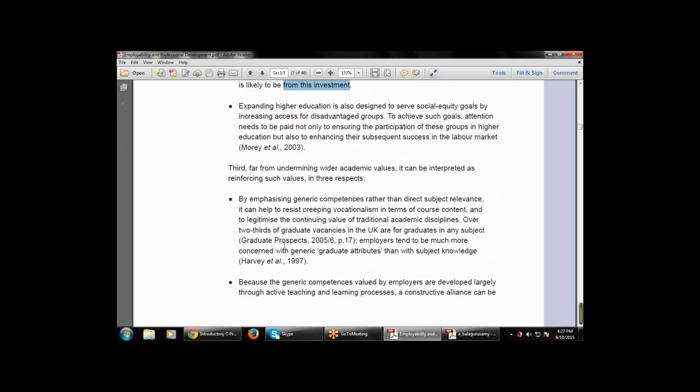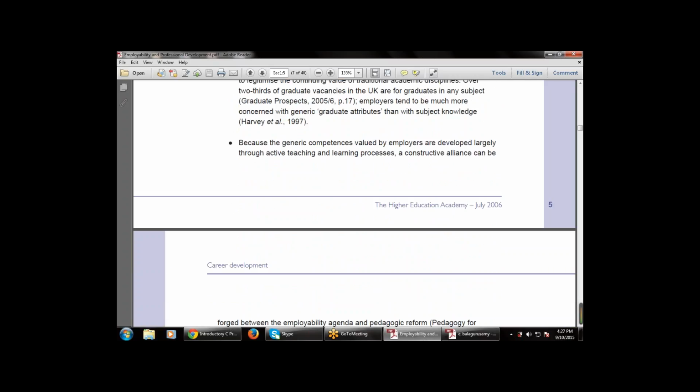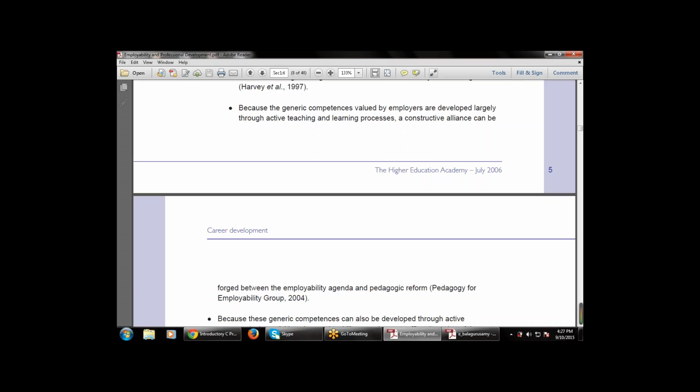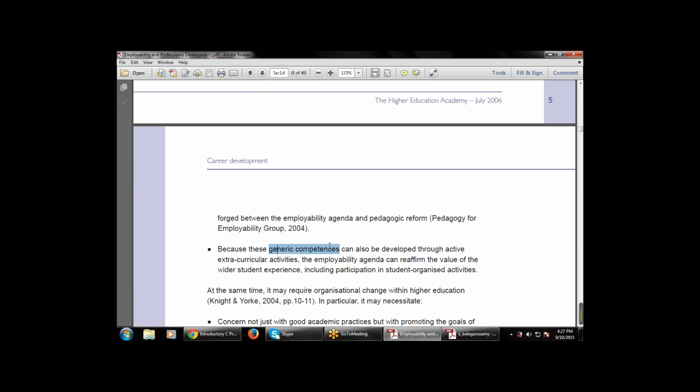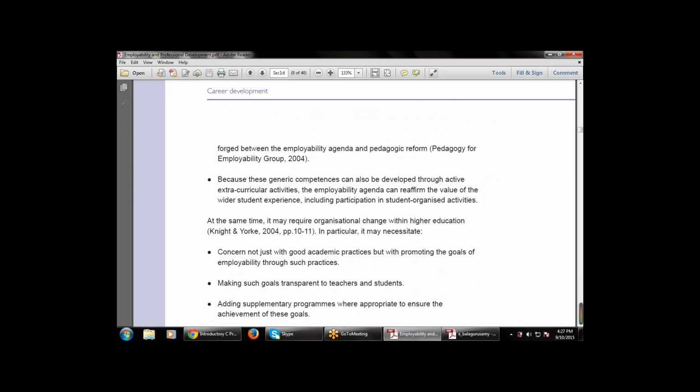Next, because the generic competencies valued by employers are developed largely through active learning processes, a constructive alliance can be made. Because these generic competencies can also be developed through extracurricular activities, the employability agenda can reaffirm the value of the wider student experience, including participation in student-organized activity.